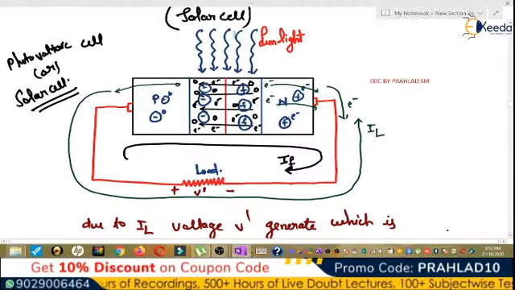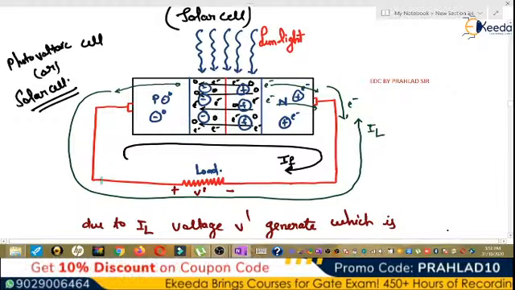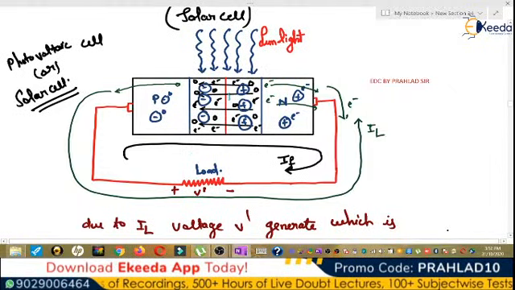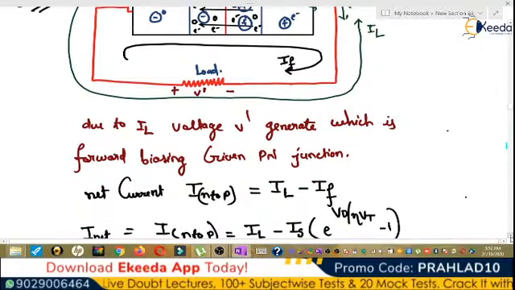When we shine light on the depletion layer, electrons and holes are generated, and they are pushed towards the load due to the electric field inside the depletion layer, and current flows from N to P. When current flows from N to P inside the diode, then outside it flows like this, but when the drop across load resistance RL is V dash, it also generates a current from P to N. So due to IL, voltage V dash is generated, which forward biases the given PN junction.